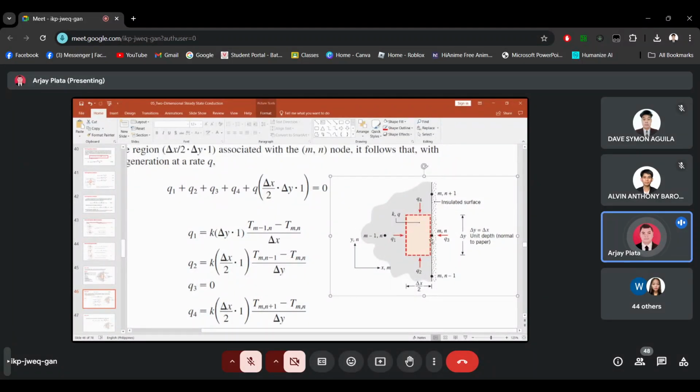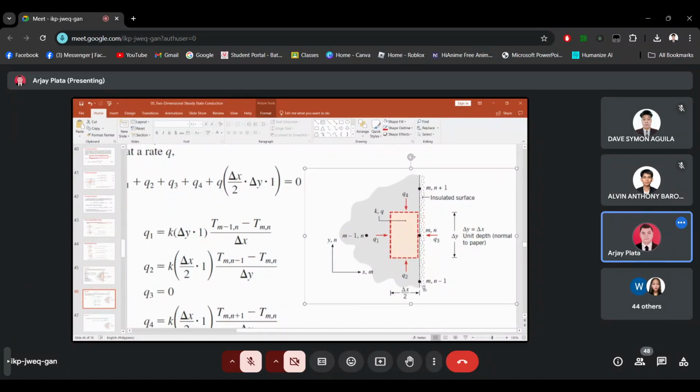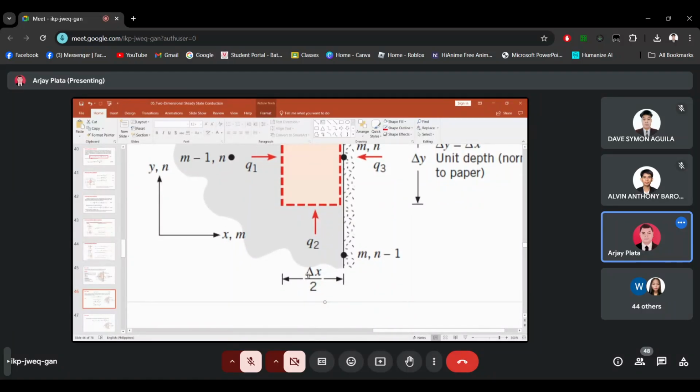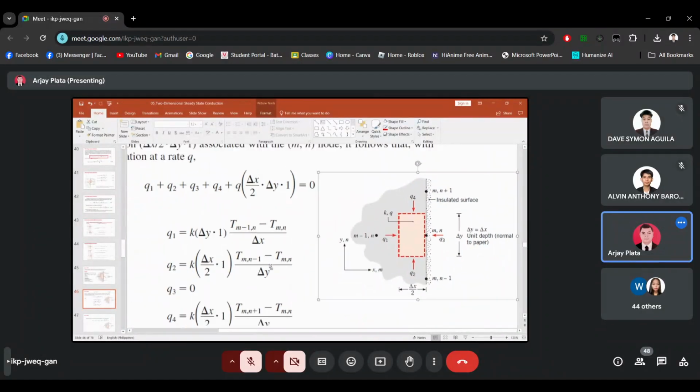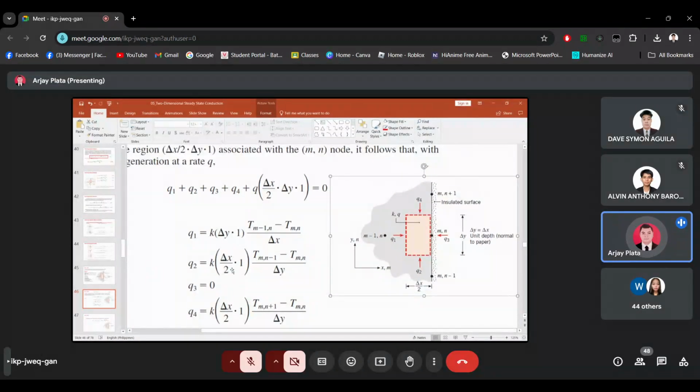For Q2, which is coming from below, the area is delta x over 2 times 1. That's why we have here delta x over 2, and then T(m,n-1) minus T(m,n). So this is our delta T: T(m,n-1) minus T(m,n).